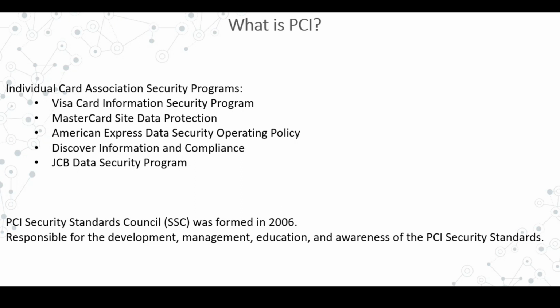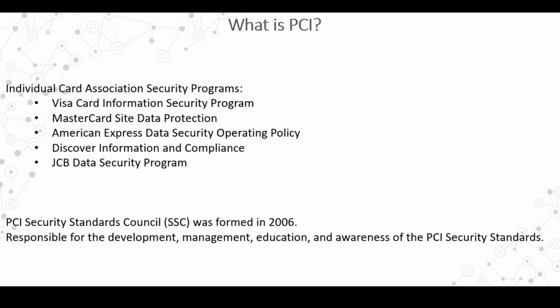Visa came with their own security principles, saying these are the 10, 15 rules you have to follow, or these are the standards from Visa. Then Master came with their own, Amex came with their own, Discover came with their own.